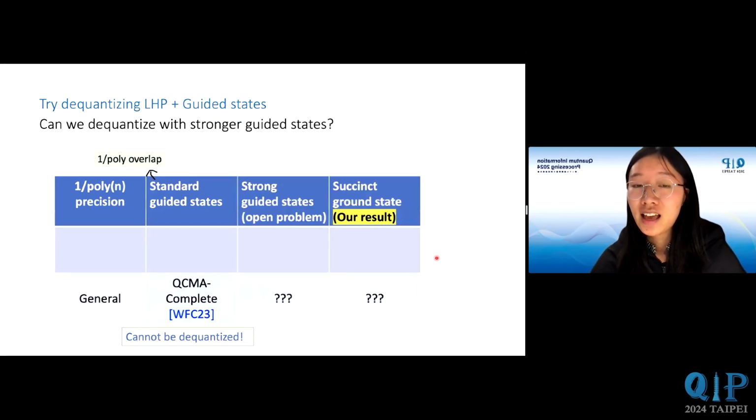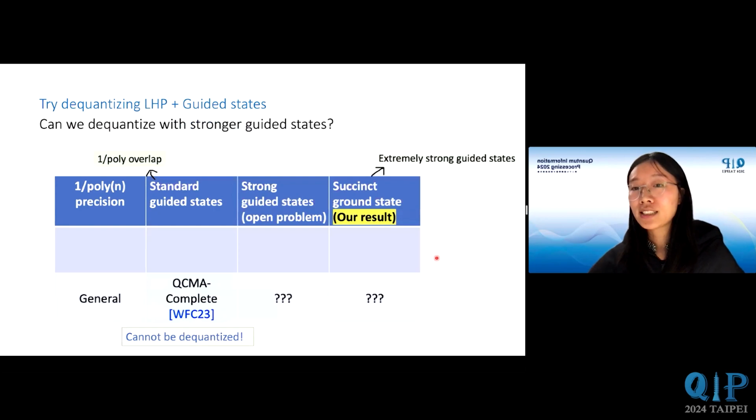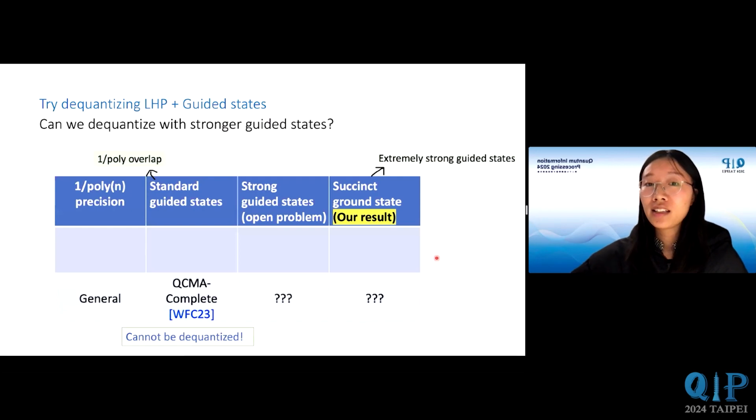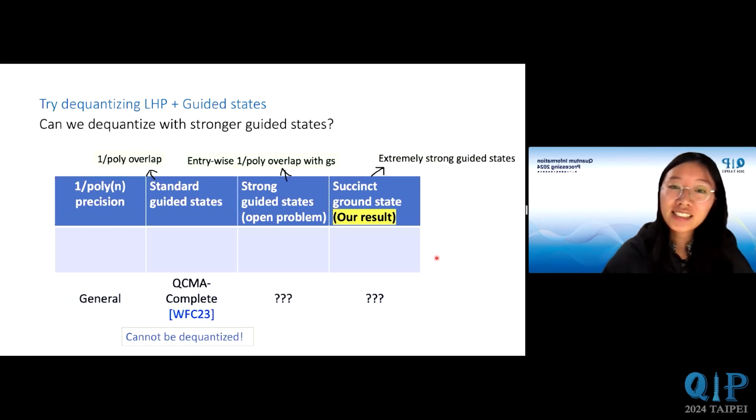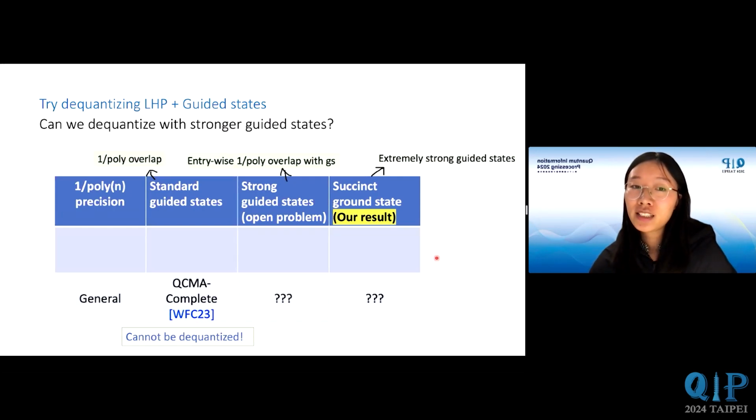For stronger guided states, here I refer to two different definitions. One is the succinct ground state, which can be interpreted as an extremely strong guided state, because it's exactly the ground state. Another one is called strong guided states, which lies in between the standard guided states and the succinct ground states.